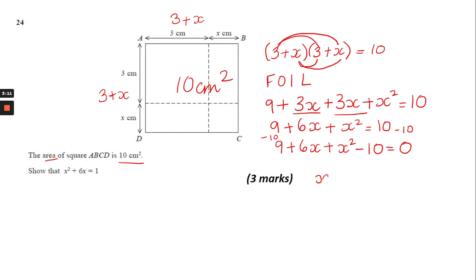So I'm going to write x squared plus 6x, and then I've got 9 minus 10. So 9 minus 10 is going to give me minus 1, and that is equal to 0. Now you can see I'm getting something looking very similar to what the question has asked me. So all I need to do is add 1 to both sides, which gives me x squared plus 6x equals 1. Which is exactly what the question has asked.